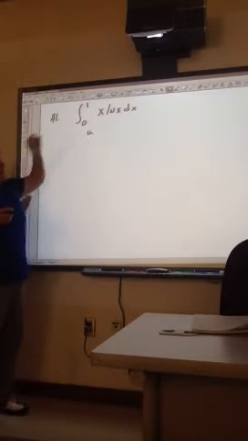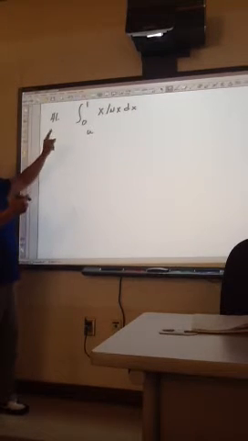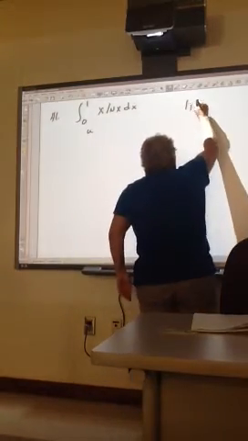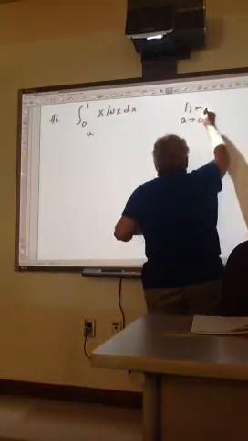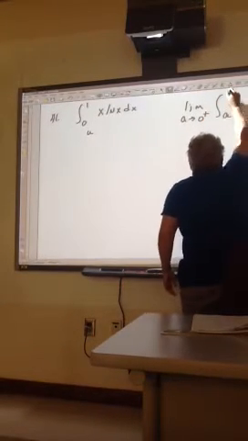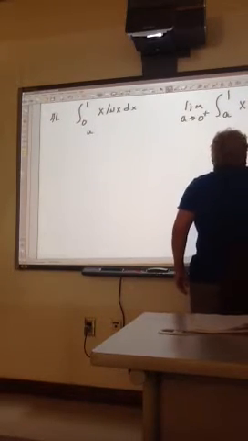Yeah. And if you did this with all the nice stuff, we would be taking a look at the limit as a approaches 0 from the right, turning this into the integral from a to 1 of x ln x dx.